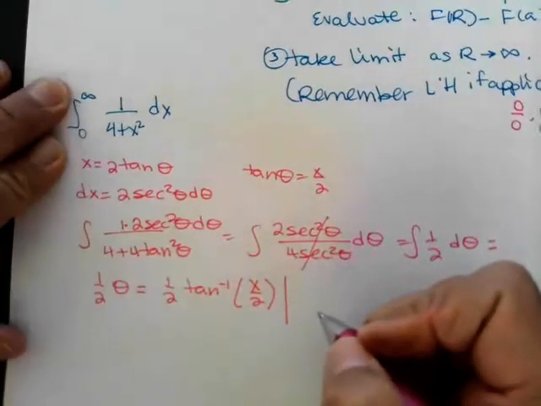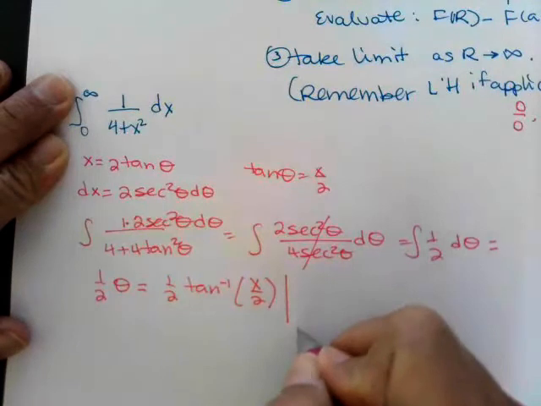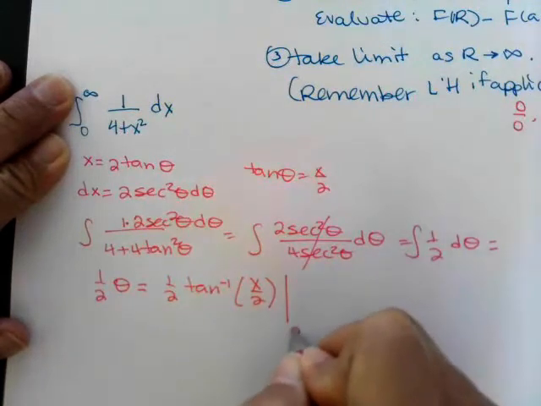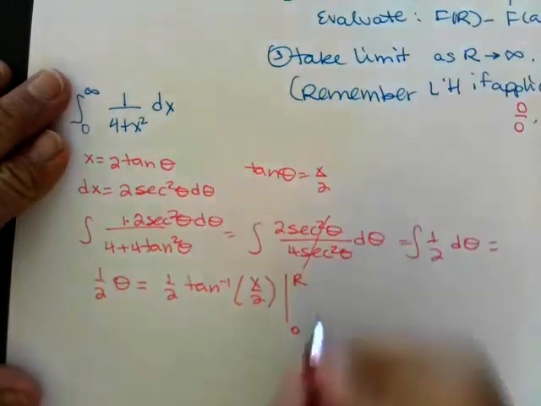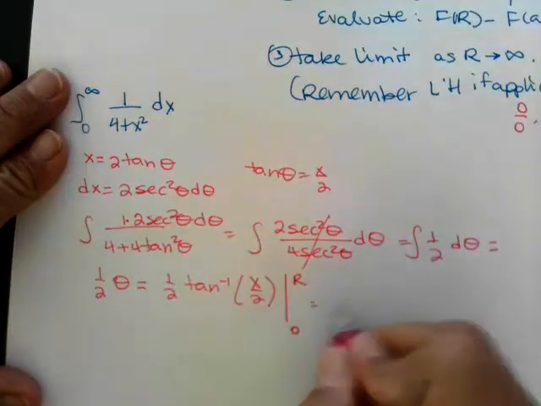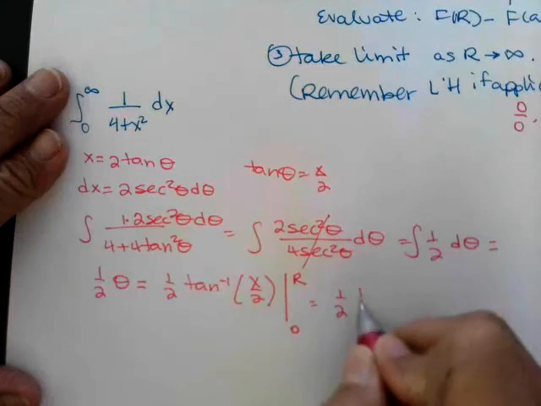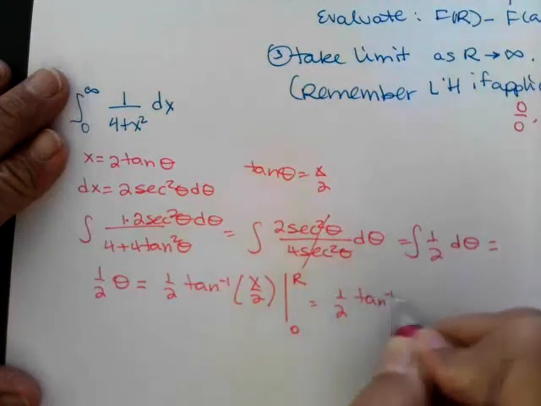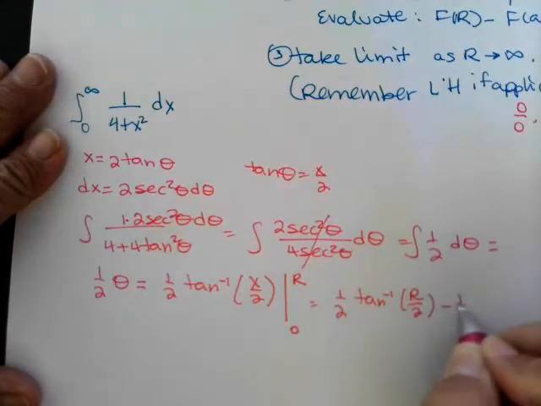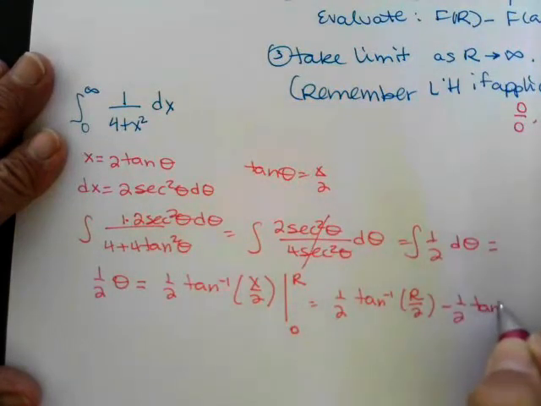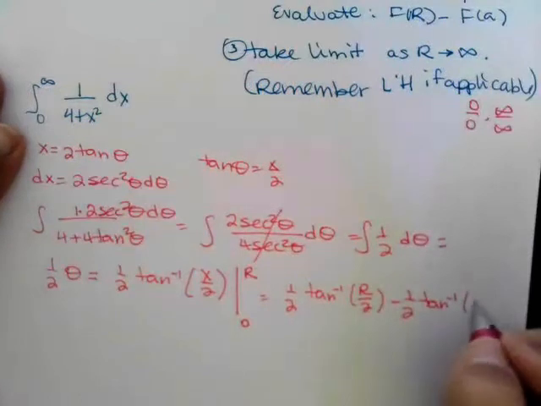So it was 0 to infinity, so that's what's going to go here, back to x's, but instead of infinity, I'm going to go 0 to r. So now we'll just go ahead and plug in our limits. So 1/2 times the inverse tangent of r over 2 minus 1/2 inverse tangent of 0.